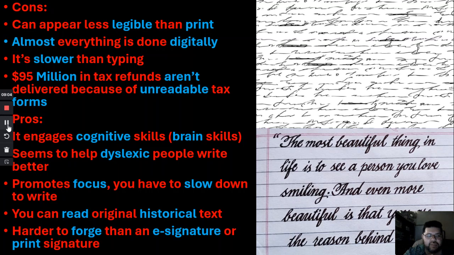When I do write in cursive, that's originally how I write, and it does help me because I have to focus on what I'm writing. Because I'm slowing down and focusing, I don't really misspell words when I'm writing in cursive as opposed to print. When I'm printing words out, I'm always messing up.